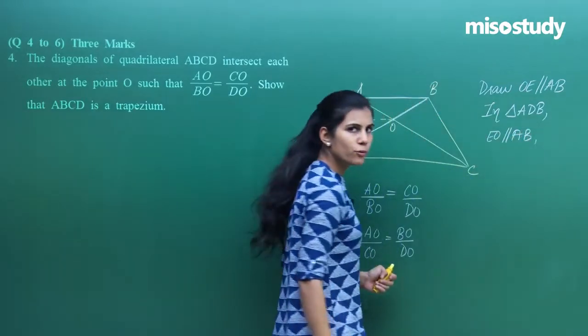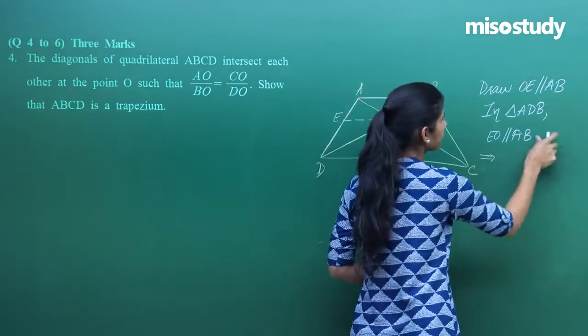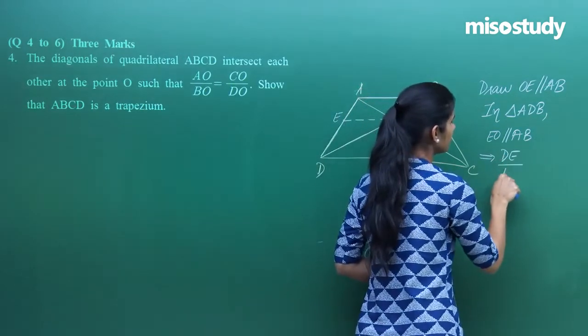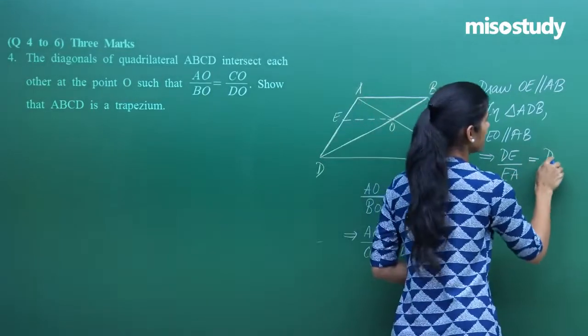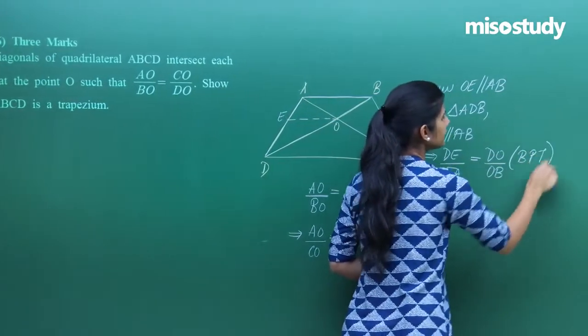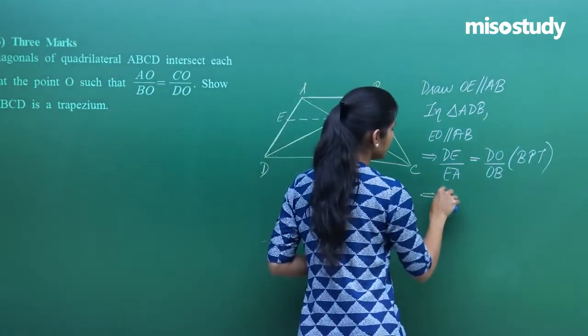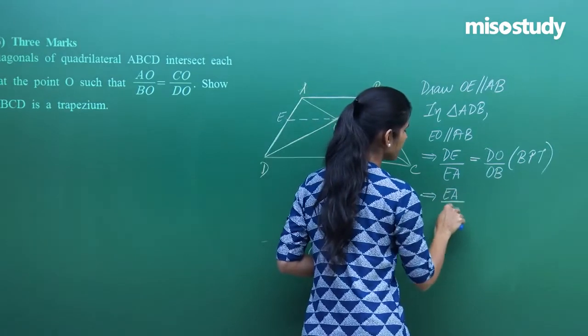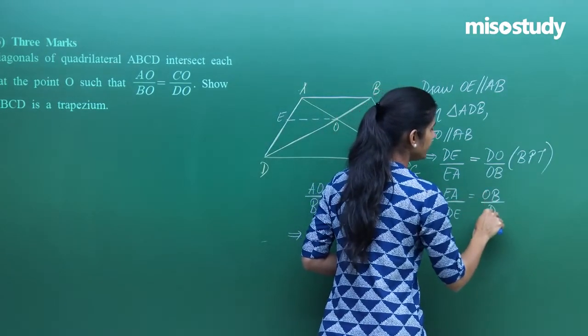Therefore, by basic proportionality theorem, DE upon EA is equal to DO upon OB. This is basic proportionality theorem. We know this. So this implies reciprocals are also going to be the same. EA upon DE is equal to OB upon DO.